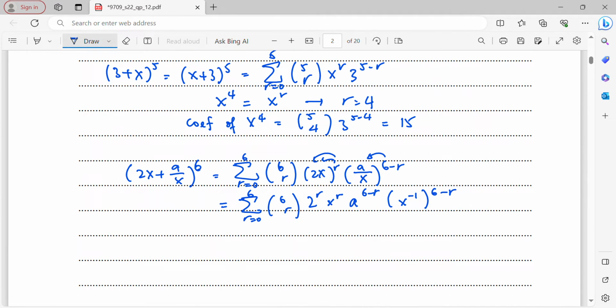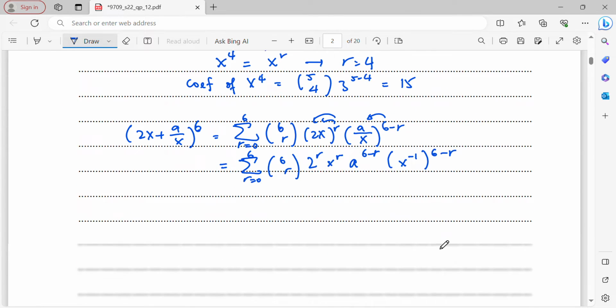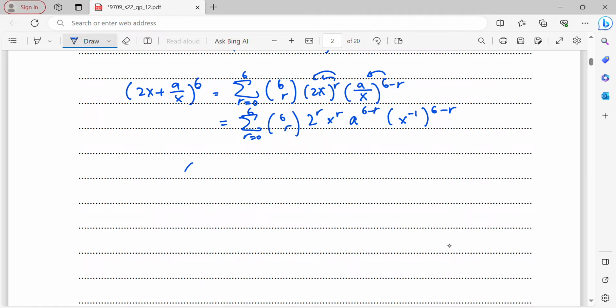Now we need to get the coefficient of x squared in this expansion. When you compare, this is x^r together with this, then I will combine. So now I will get x^r multiplied with x to the power of negative 6 plus r, because you multiply the negative 1 out.